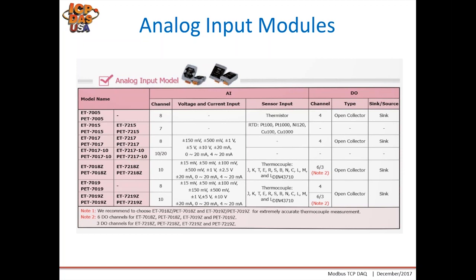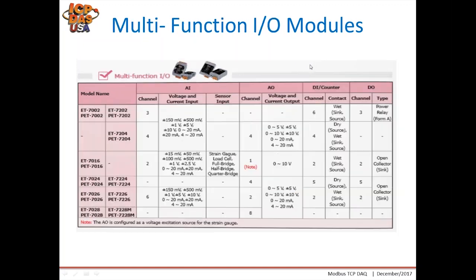For analog inputs, we also have thermocouple modules and RTD modules, which accept those types of inputs, as well as the traditional 4 to 20 milliamp and voltage inputs. We also have multifunction I/O. These are, again, just different I/O combinations.